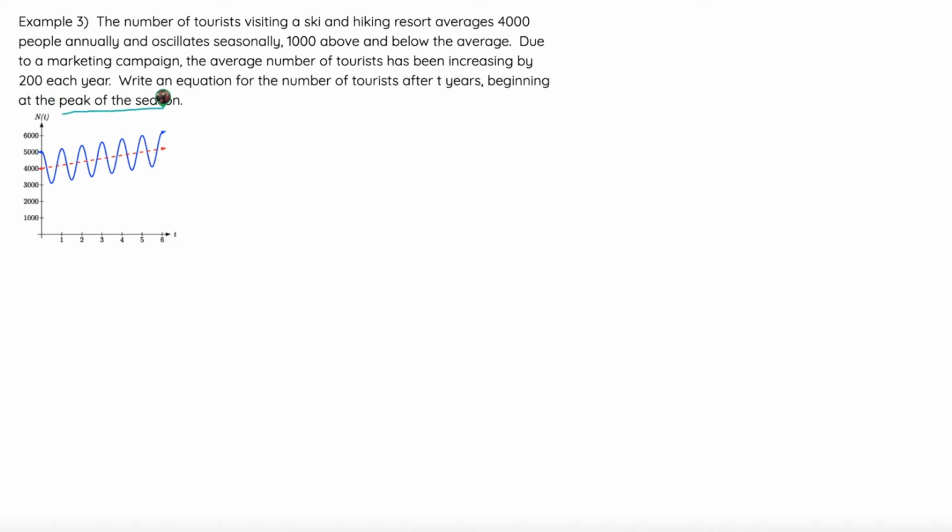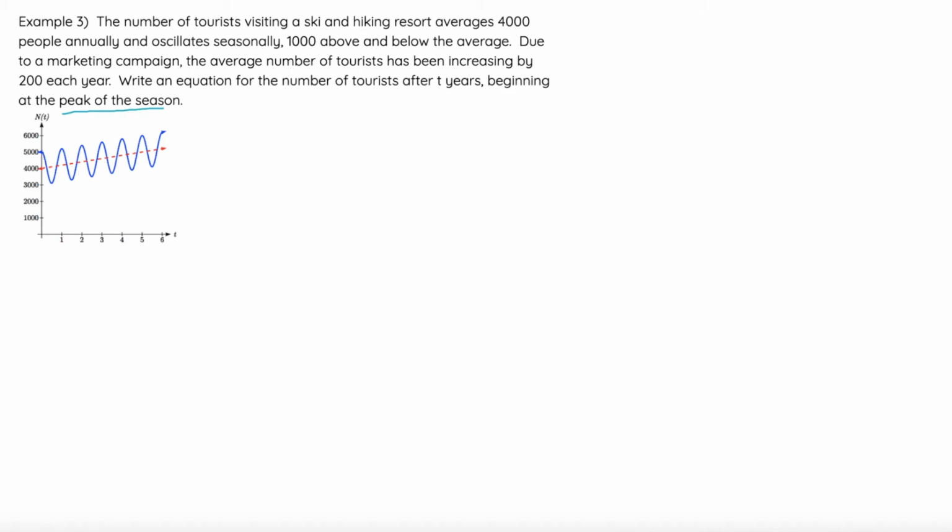So notice on the graph itself that we're starting at 5,000, because we're averaging 4,000 to start with, and we're 1,000 above and below the average of 4,000. So it should make sense that 4,000 would be the midline starting point, but yet 5,000 is the highest point because we are peaking at 1,000 above the average.